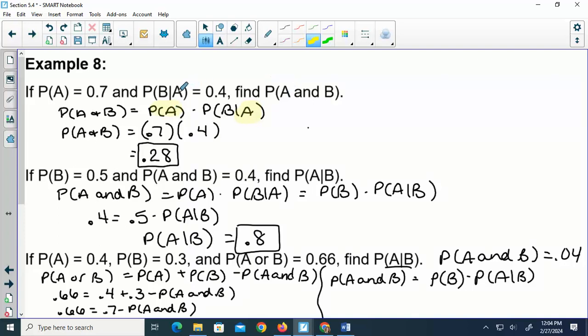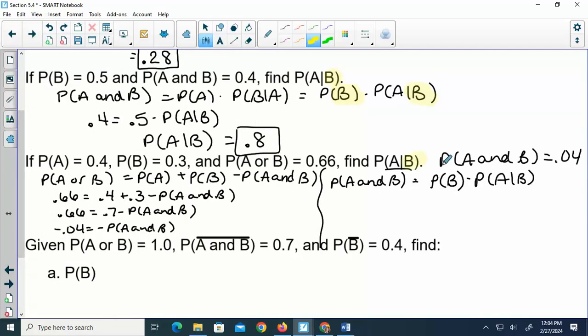So if I want B given A, I have to take it times probability of A. If I want A given B, I have to take that times the probability of B. Here I had probability of A given B, so my given is B, so the other probability I have to multiply by is B. So if we plug in, A and B is 0.04, B is 0.3, times probability of A given B. So if we divide, probability of A given B is 0.1333.